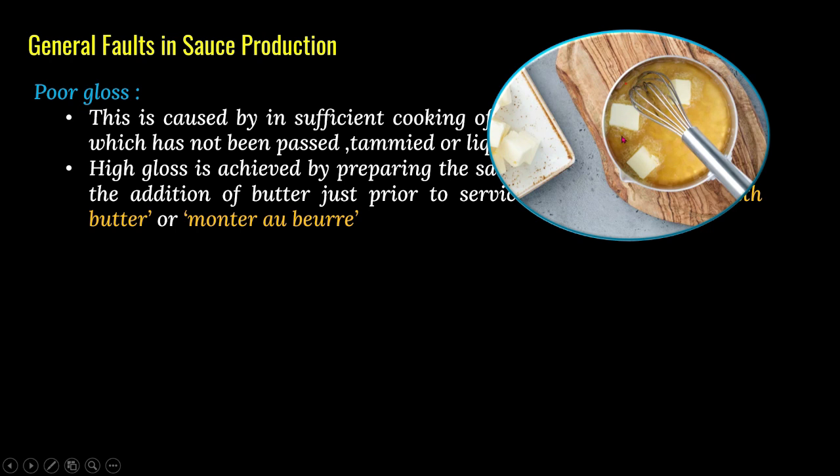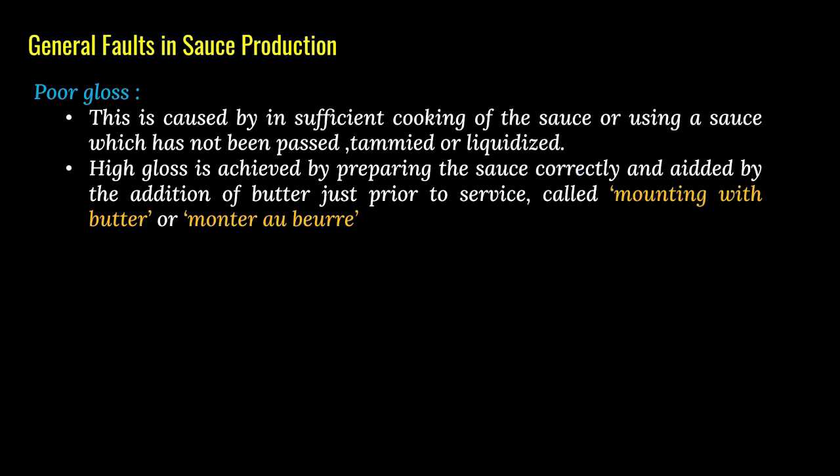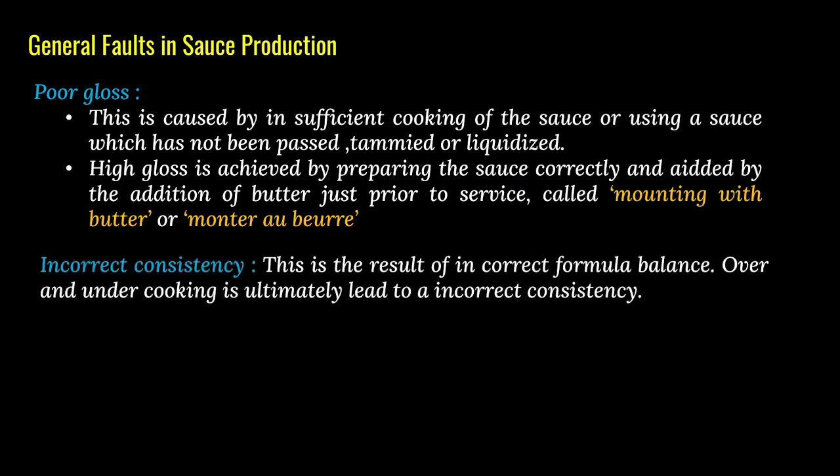This butter will slowly melt and spread all over. This is known as mounting with butter, and this will bring extra gloss to the sauce. Fine. Sometimes the question may come, what is mounting with butter or monter au beurre? We have to mention that.